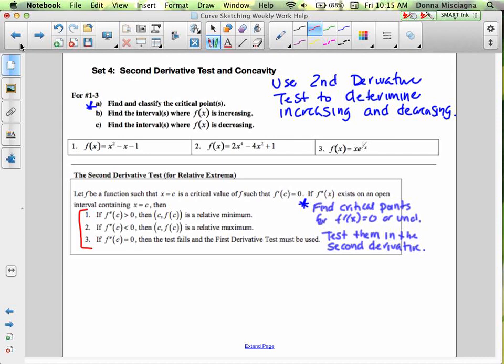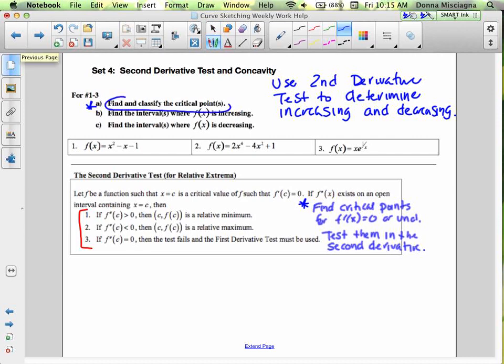It doesn't ask for the relative max and relative min. So you could use, I tell you what, use either the first derivative test or the second derivative test, because here we're not looking for, oh no, it does say it for the first part, I take that back. I had to think a moment.